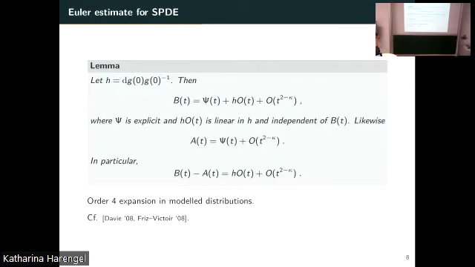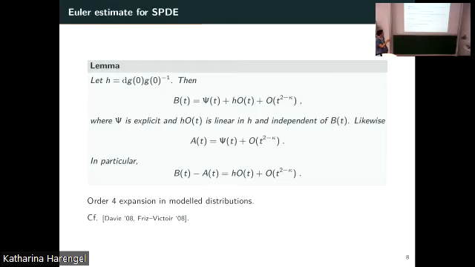Okay, so the short time asymptotics here manifest themselves in an Euler estimate for the SPDE. So what do we mean by an Euler estimate? Let's call H the initial condition of the derivative of G, which itself actually solves the PDE, but it's not so important.